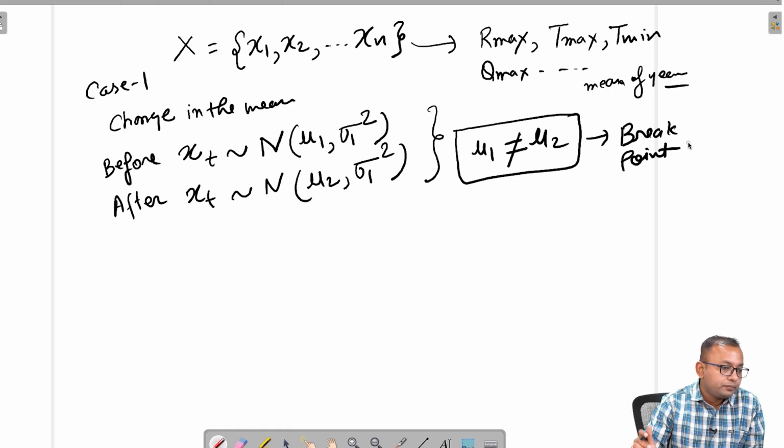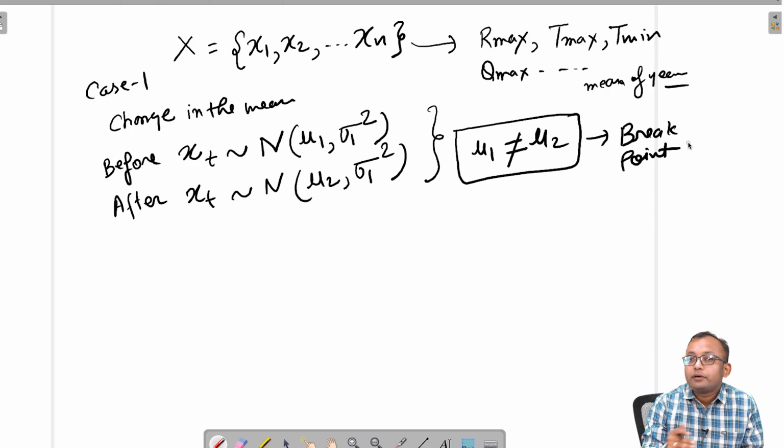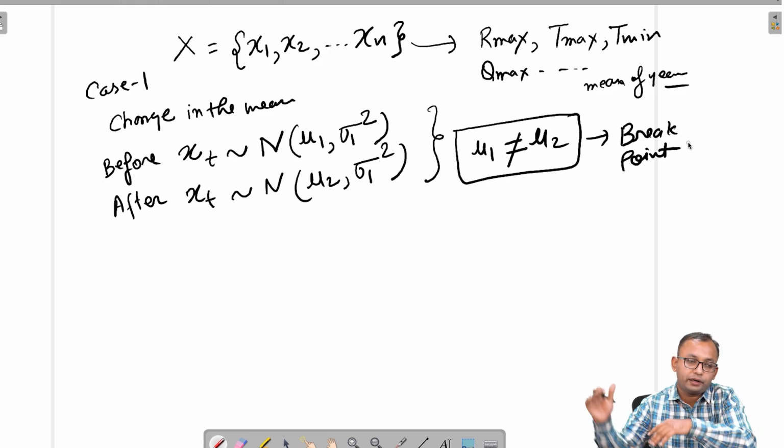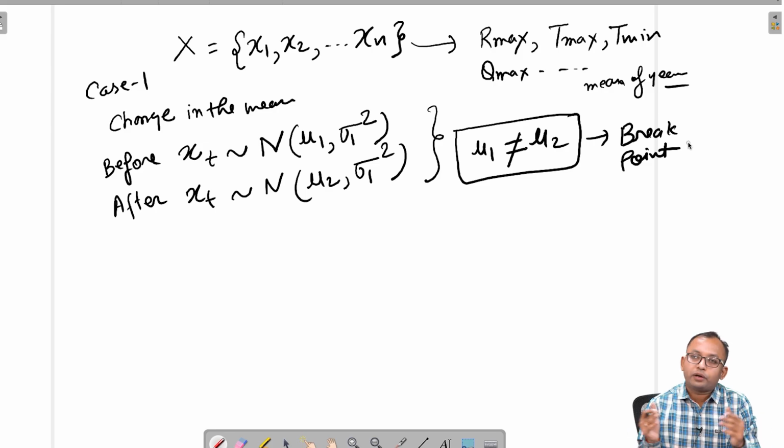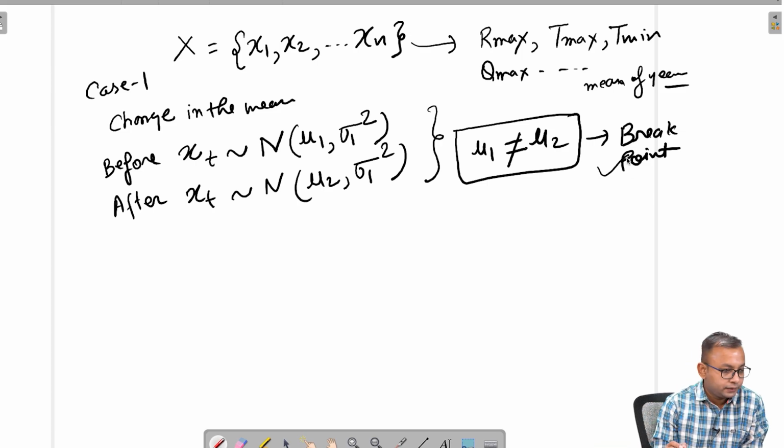Okay. So, this is case 1 which we have discussed, where we have a difference in the mean of the data set, and therefore you have a different pattern of the time series, and you can break the time series into 2 parts. It is also possible that you may have multiple breakpoints in a time series. So, you have one mean, another mean, another mean, and all these consecutive means are not equal, and therefore you can say that those are breakpoints of the data set.